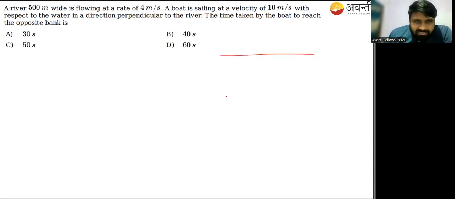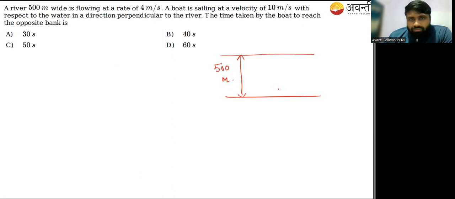Now let us consider this is the river we have. It has a width of 500 meter. The water is also flowing at a rate of 4 meter per second.